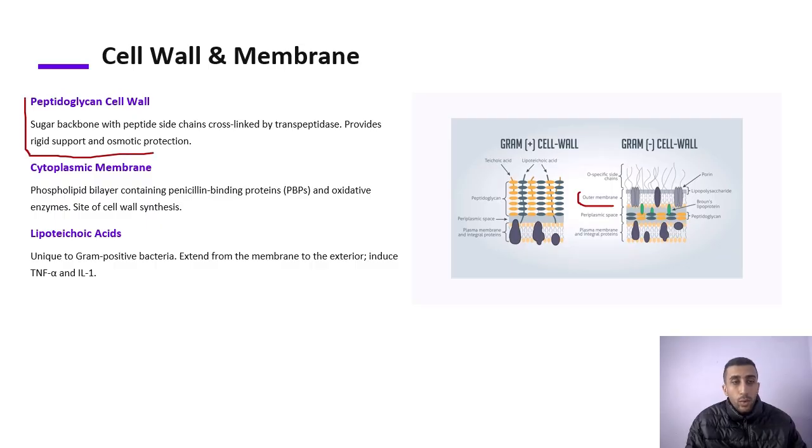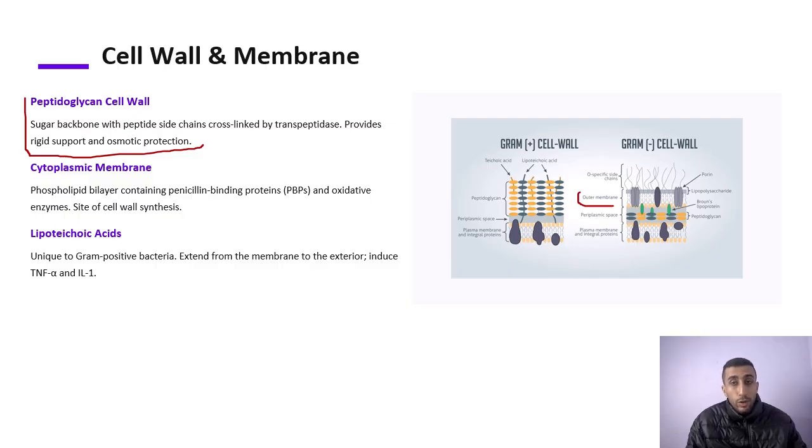So the cell wall, you can think of it like the skeleton. Of course, both gram-positive and gram-negative will have a skeleton, and this is what gives them shape and makes them resist the harsh environment. So it is essential for both of them, but there is a difference.